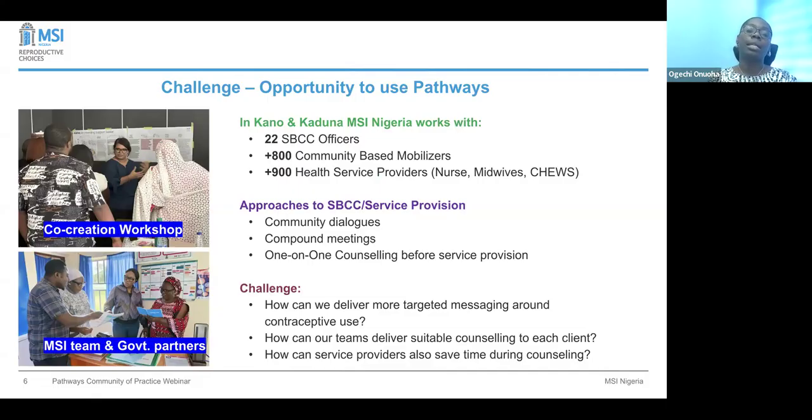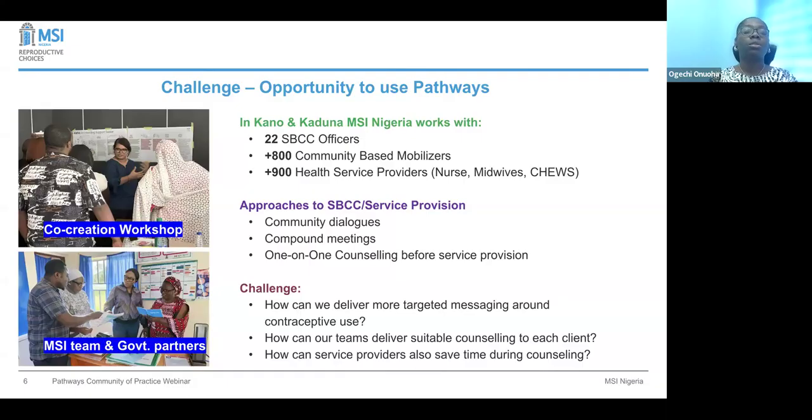And the question ringing in our mind as an organization and as a team is, how can we leverage the insights coming from the vulnerability segmentation of the Pathways data to improve the work we are currently doing? MSI is very much interested in ensuring that every woman and every household has access to the information to plan their family size and have that family size that they desire.